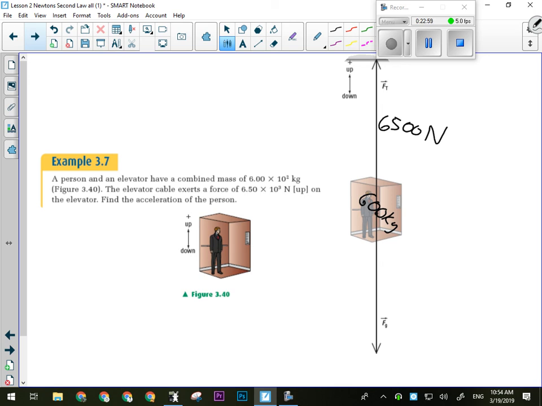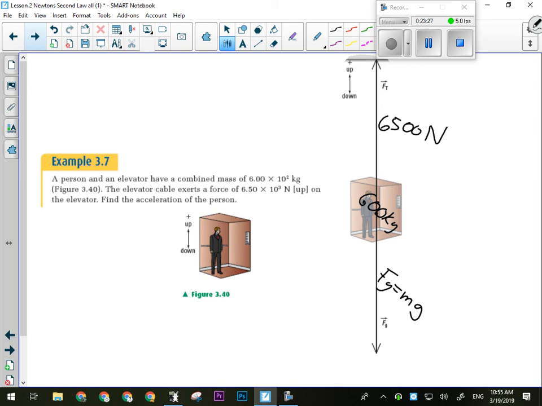And then I've got the force of gravity acting down. How do I calculate that? I showed it to you yesterday when we were talking about weight. Oh yeah, I remember you showing me, but I don't remember what you showed me. Okay, here's how we do it. Force of gravity equals mass times the acceleration due to gravity. It's Newton's second law, but it can also be applied to individual forces.